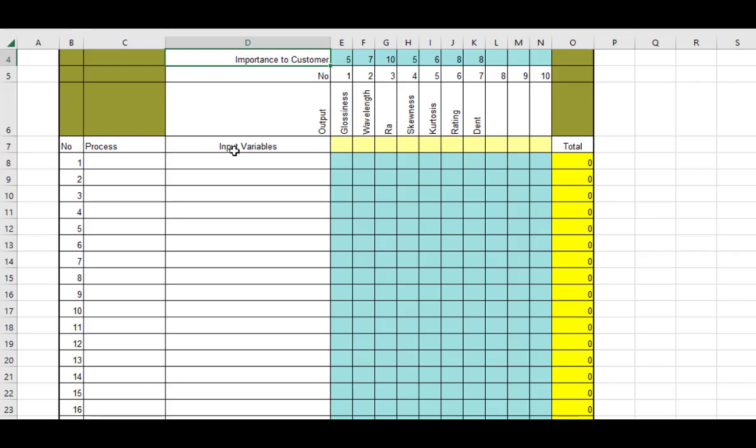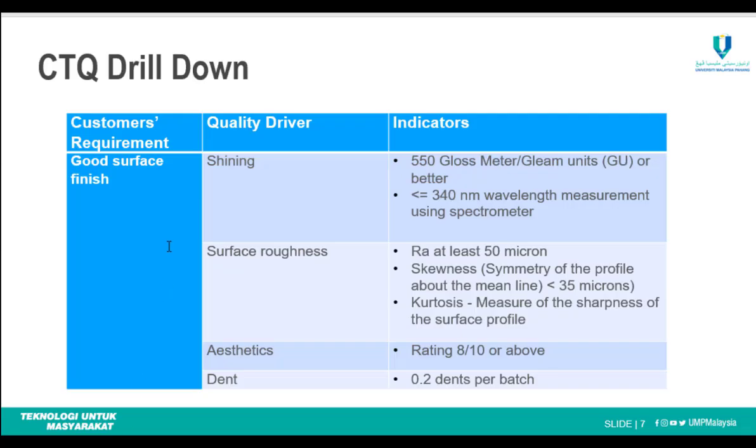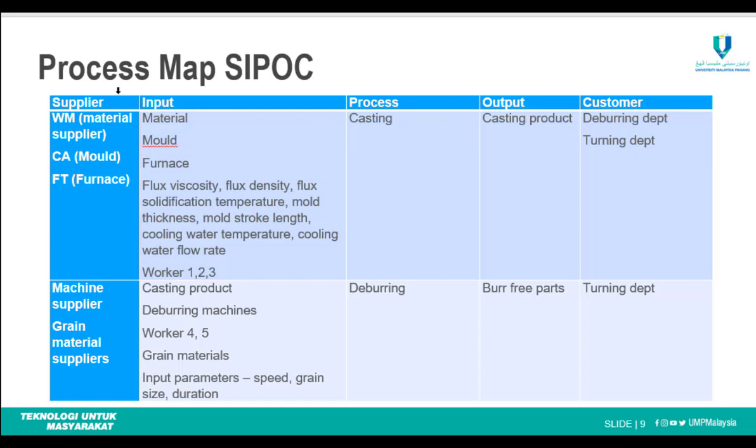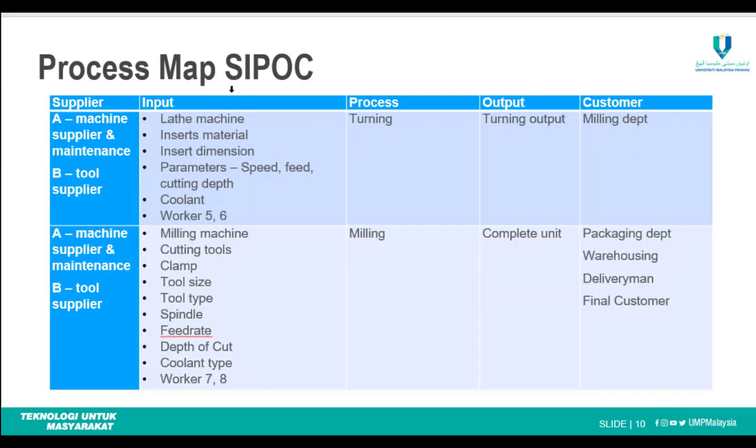Next we will fill in the input variable and the process here, based on the SIPOC. Based on the SIPOC, we previously shortlisted two processes that contribute to the surface roughness: turning and milling.